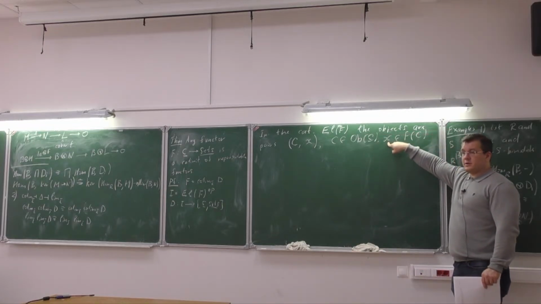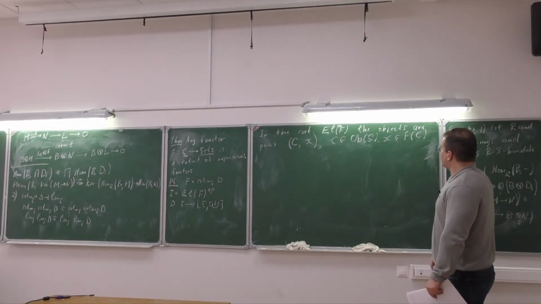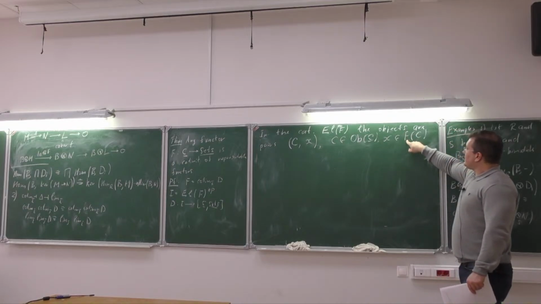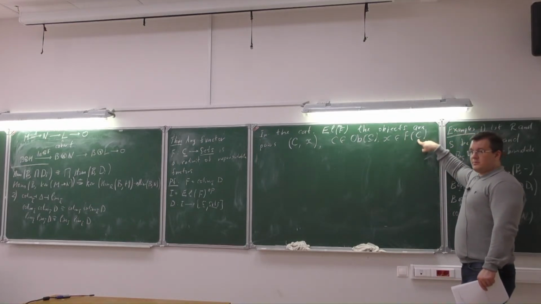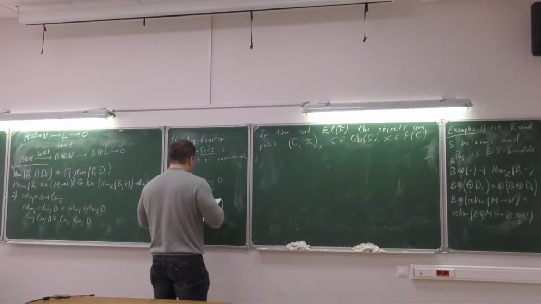So this is the second element in the pair. You can see why this is called the category of elements. It's like you consider all the elements in the functor for any given argument C. So that's the category of elements.